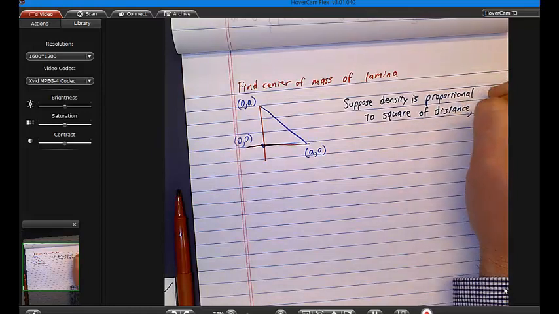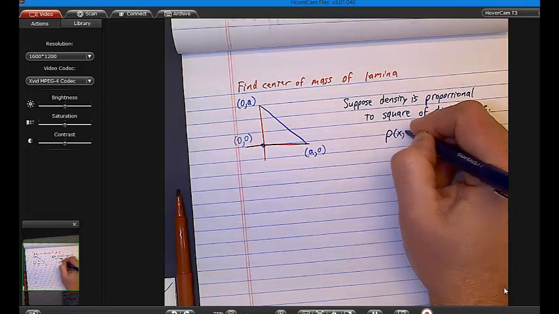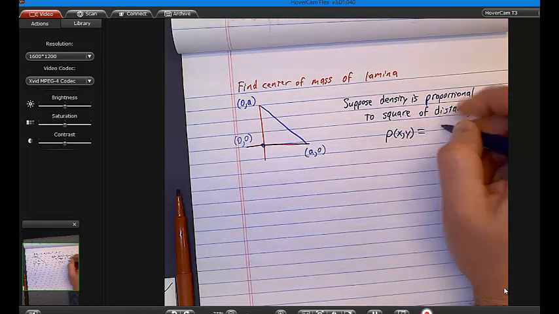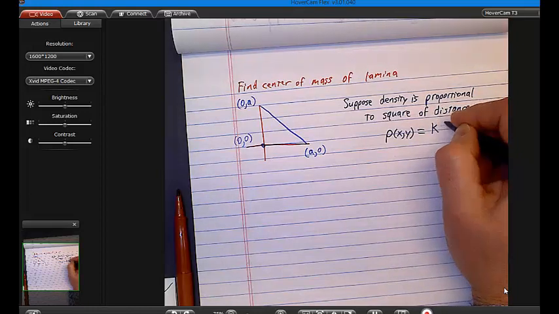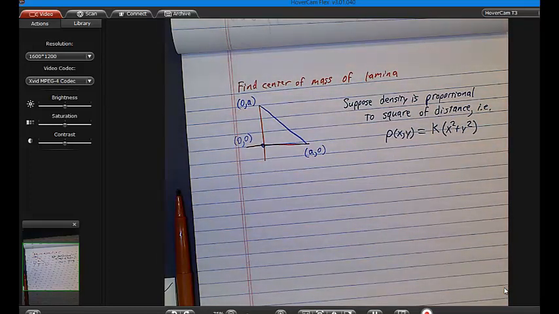So that means we could write rho of x, y is equal to, let's say, some constant k times x squared plus y squared. So as you get farther away, you're going to multiply by k to get what the density is.